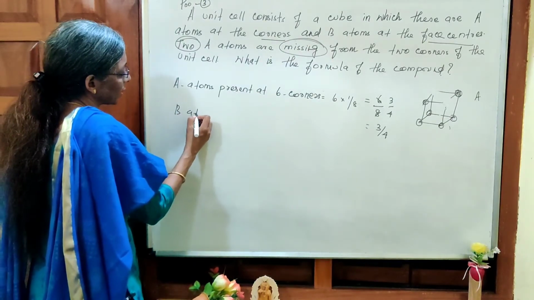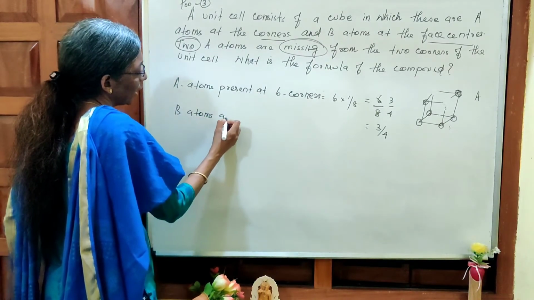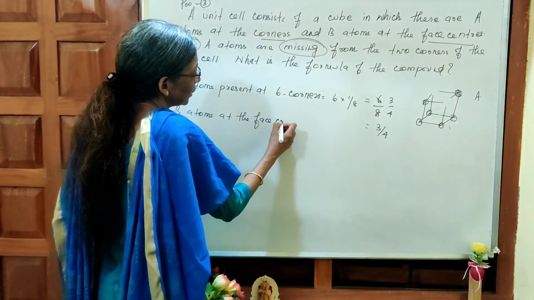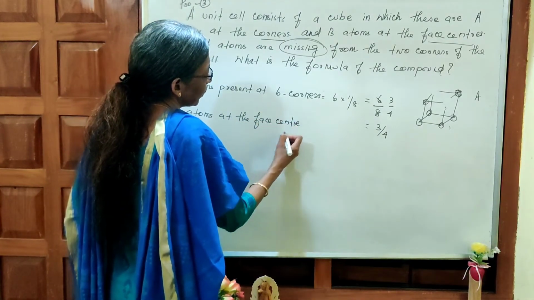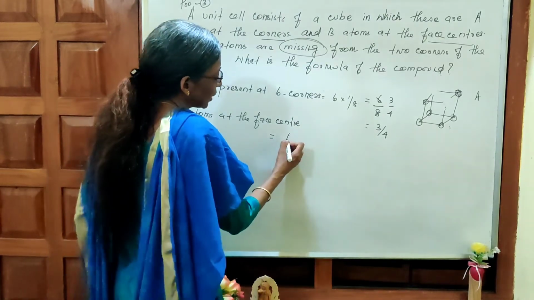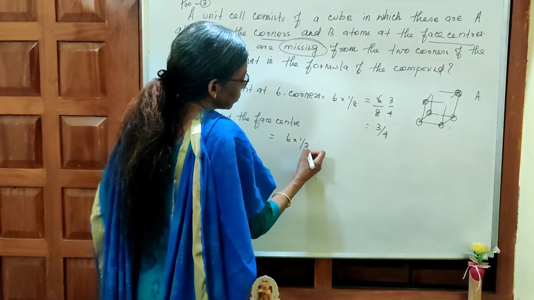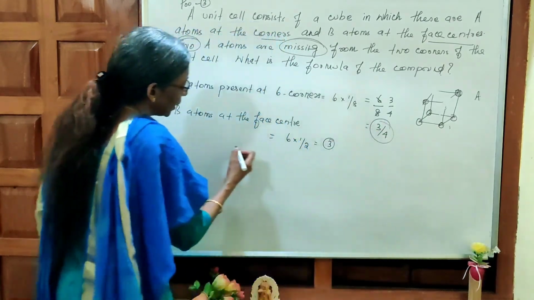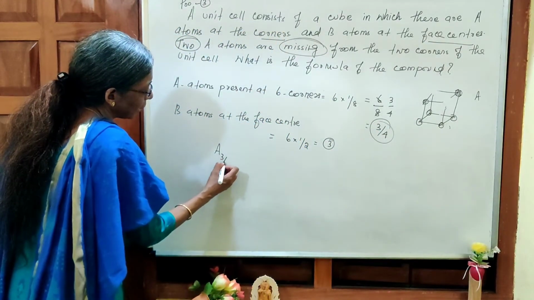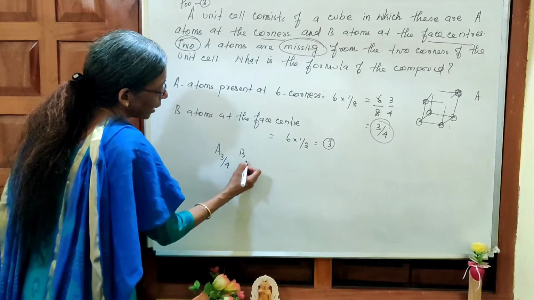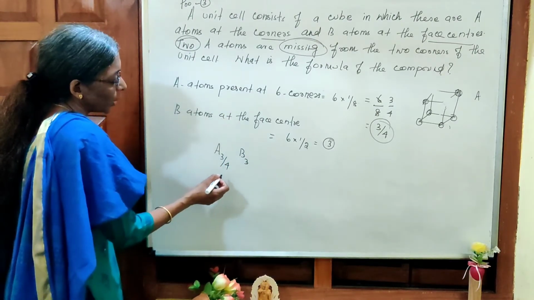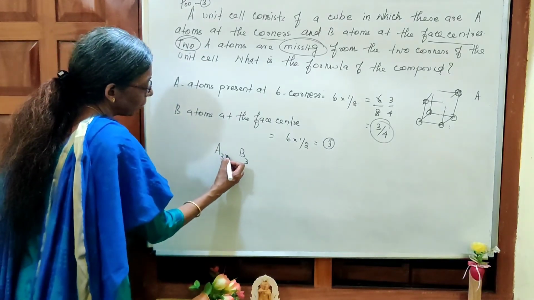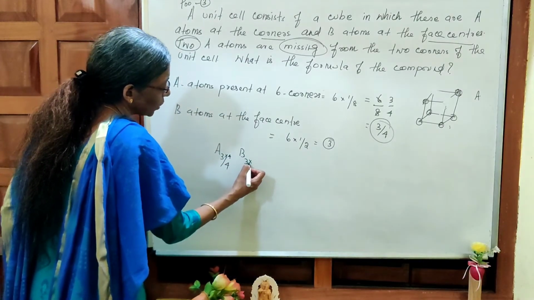Next, B atoms at the face center. Face center is 6 faces into 1 by 2. So what do you get? 3. So A atoms 3 by 4, B atoms 3. We know atoms cannot be in fraction, so we multiply this by 4, and this also by 4.